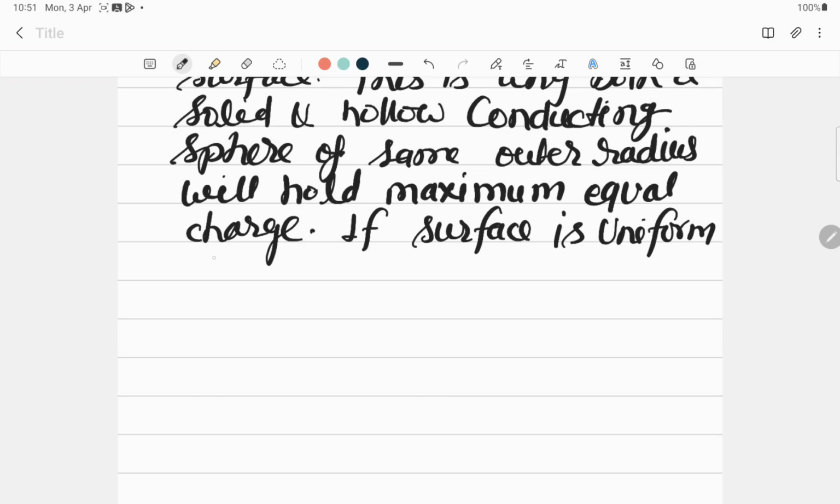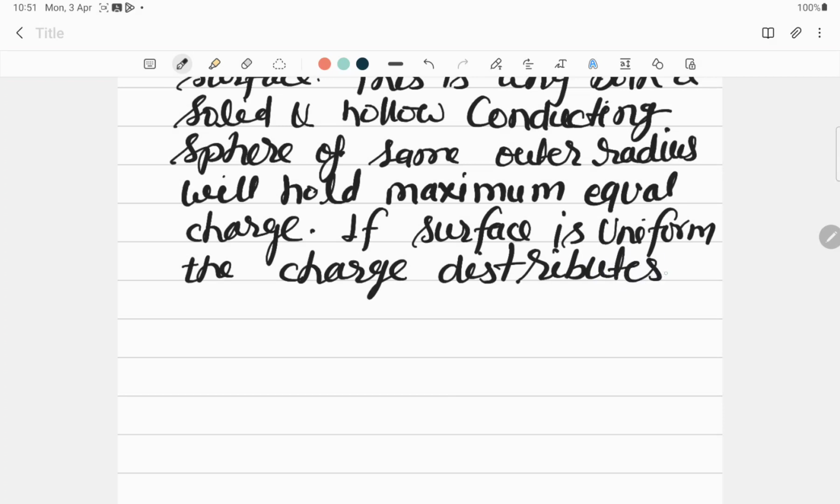If the surface is uniform, the charge distributes uniformly on the surface.